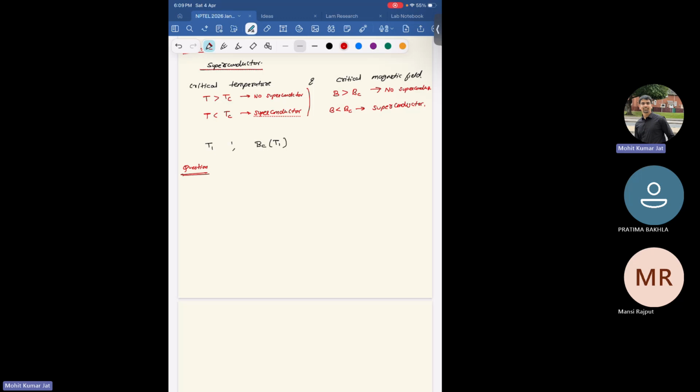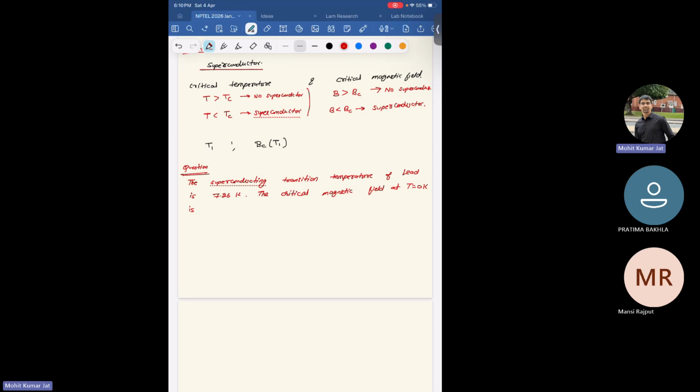So let's say the superconducting transition temperature of lead is 7.26 Kelvin, and the critical magnetic field at T equal to 0 Kelvin, which is absolutely not possible to reach experimentally, because you can't achieve 0 Kelvin.